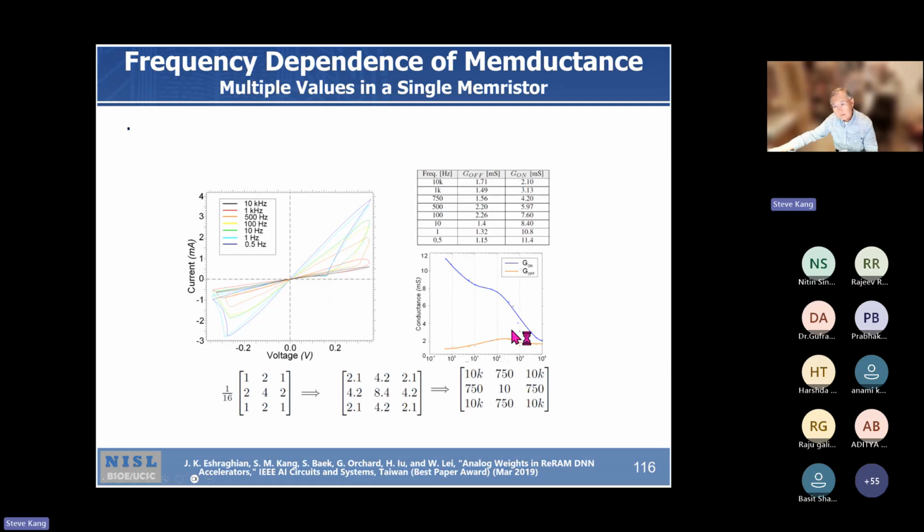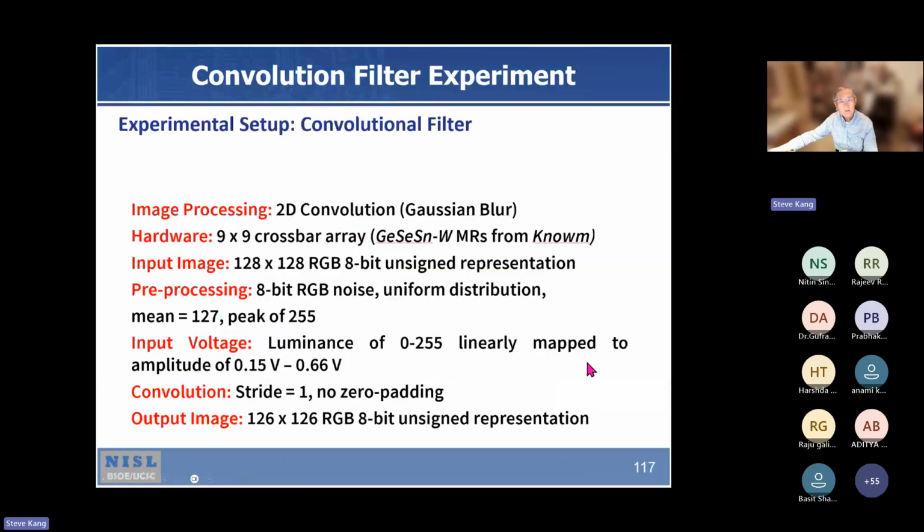On and off are different. So blue is the on state, and the other is the off state at the different frequencies. So you can convert, for instance, the matrix information, say 1/16 of 1, 2, 4, 2, 1, into frequency components like this. Then you convert this input data into frequency components.